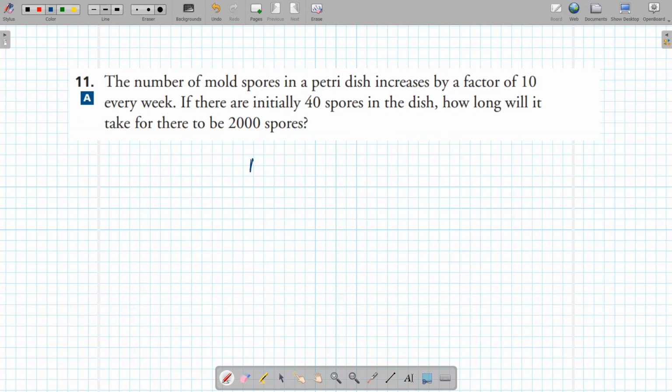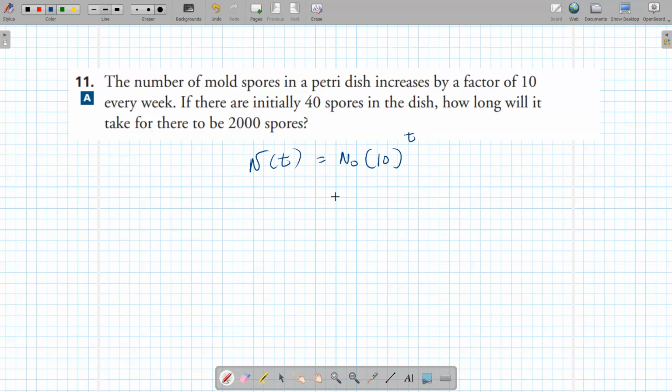The number of spores after t weeks is equal to the initial number of bacteria times the growth factor, in this case 10, to the power of t.